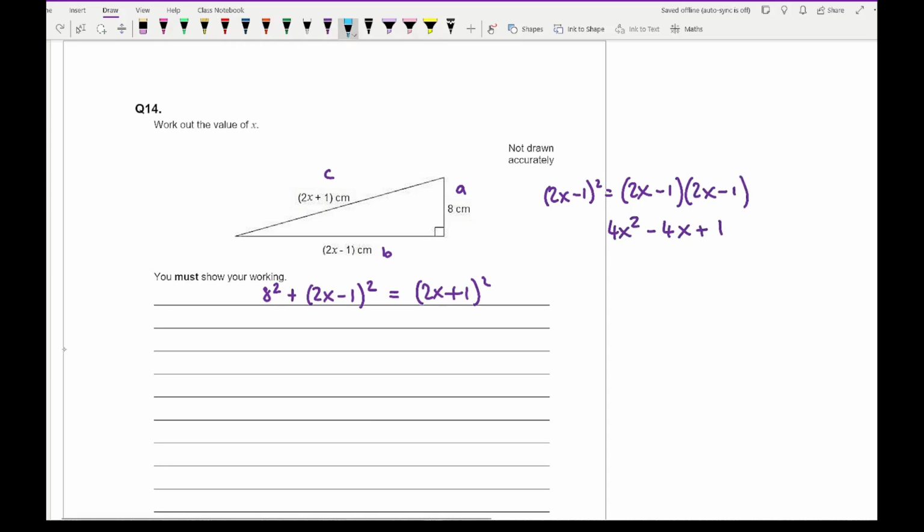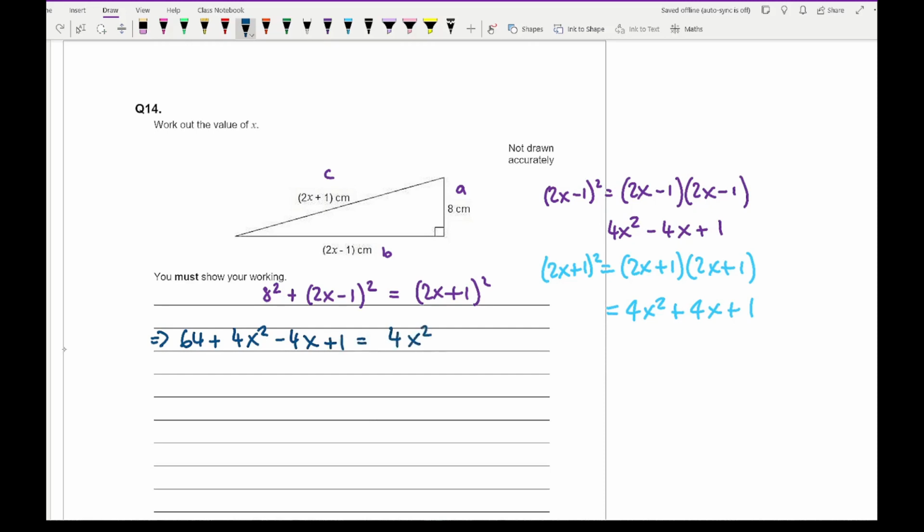I then do 2x plus 1 squared, that's 2x plus 1, 2x plus 1, which expanded gives me 4x squared plus 4x plus 1. So substituting all of this into this line, what I end up with is 64 plus 4x squared minus 4x plus 1 equals 4x squared plus 4x plus 1.